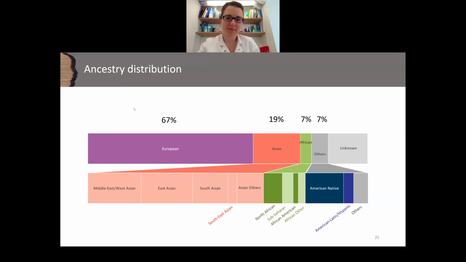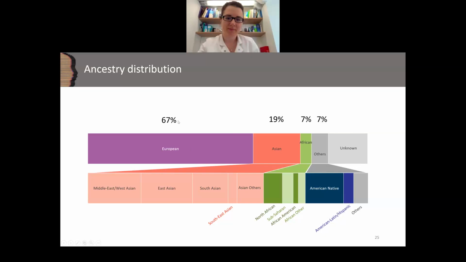We have around 67% from the European ancestry, and 19% from Asia, which is Asian, and 7% from African, and around 7% others. In others, we have Native American and also Latin American.